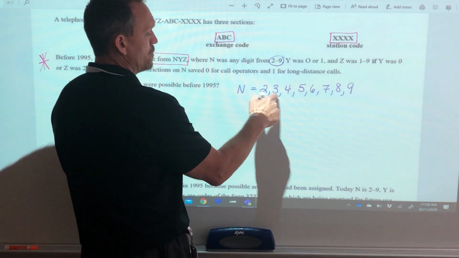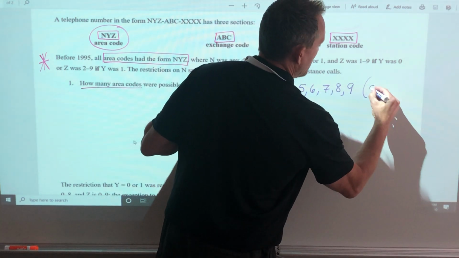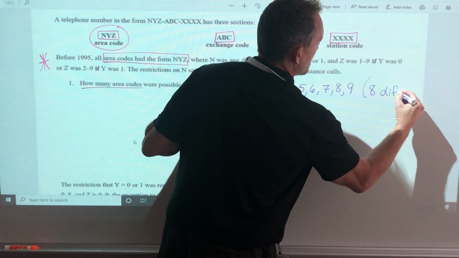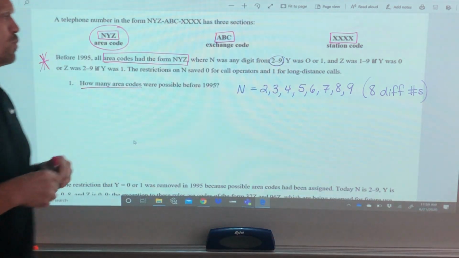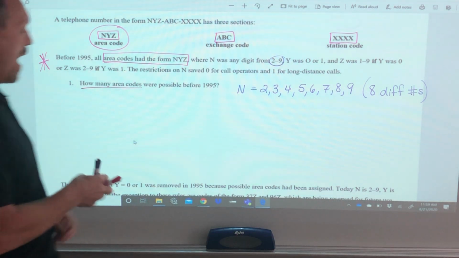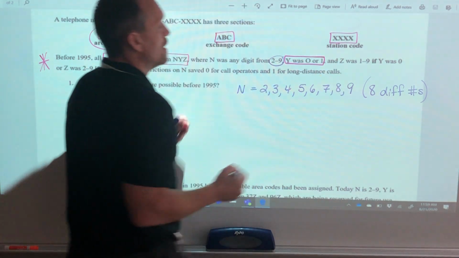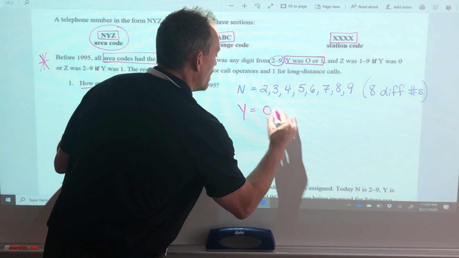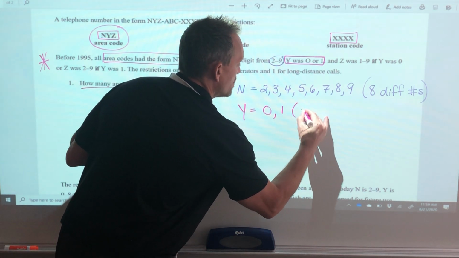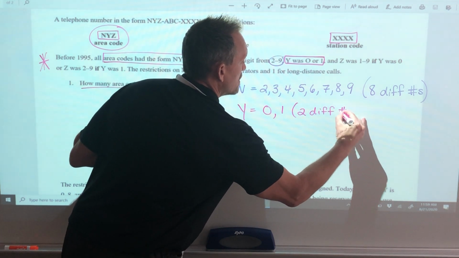That's a total of 1, 2, 3, 4, 5, 6, 7, 8, which could be 8 different numbers. Crucial understanding. Y was 0 or 1. It was 2 different numbers.